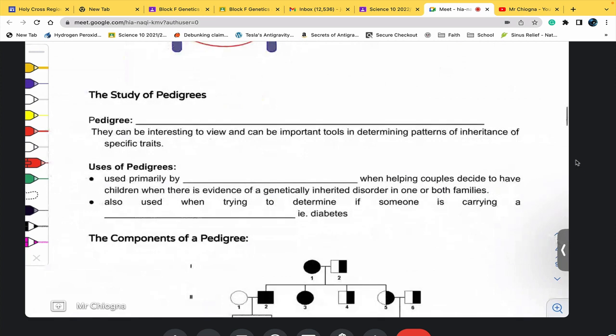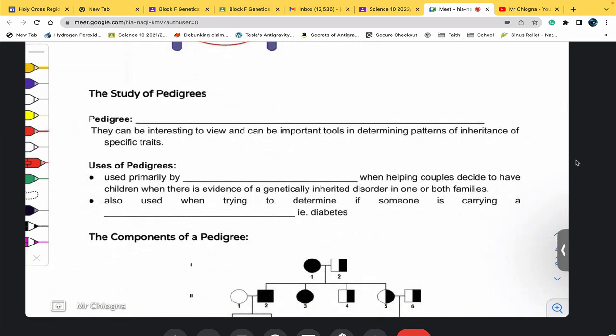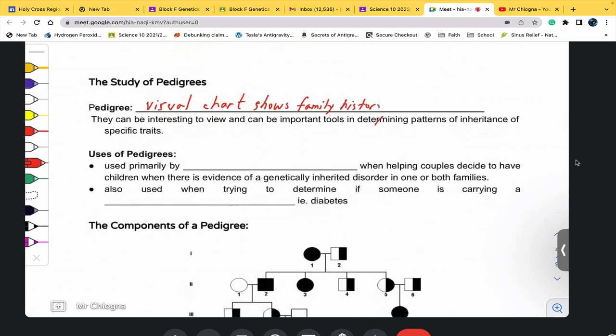Okay, pedigrees. What is it? It's a visual chart that shows family history or traits that are passed down.